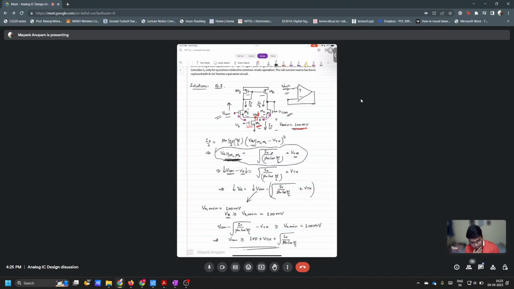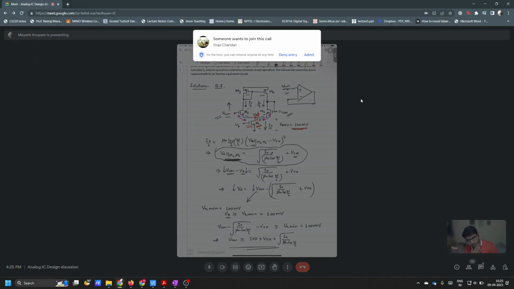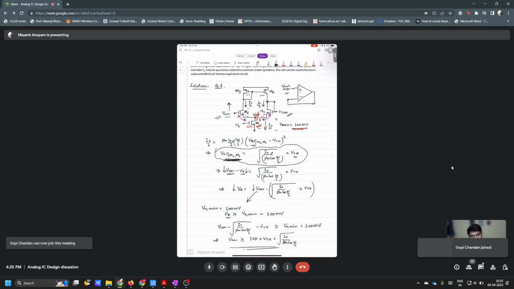M1 will move into triode region, sir. M1 you are saying? This transistor M1? Are you sure? You have to see which transistor has the possibility of going out of saturation.